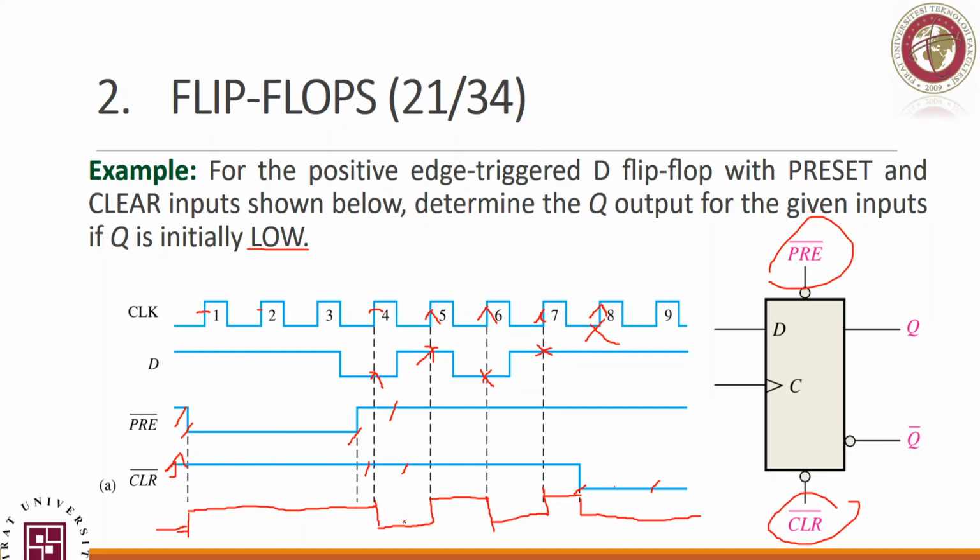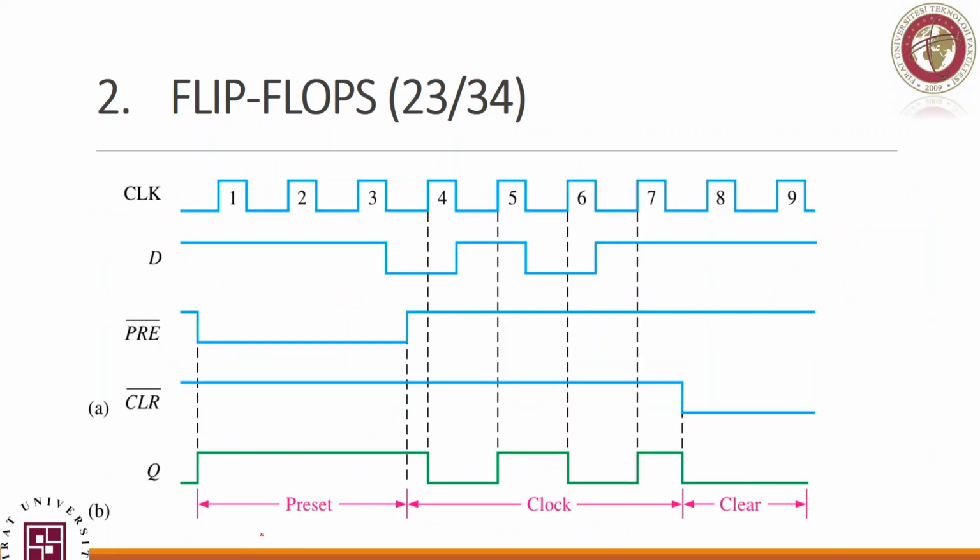Here the flip-flop will be reset, set, reset, set. Here will be clear, or direct reset, or here will be preset, or actually direct set using this pre. That's how you solve this type of question.